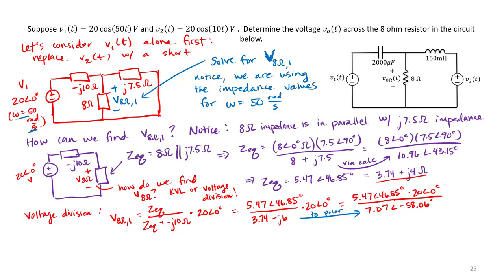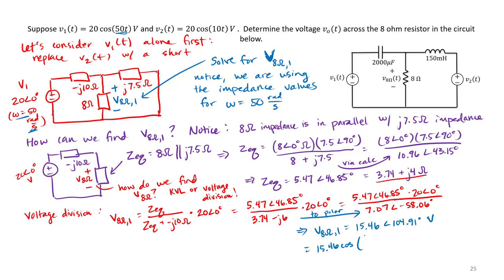And finally, if we math that through, we determine that our voltage will be equal to 15.46 angle 104.91 degrees volts, or in sinusoidal form, that gives us 15.46 cosine.